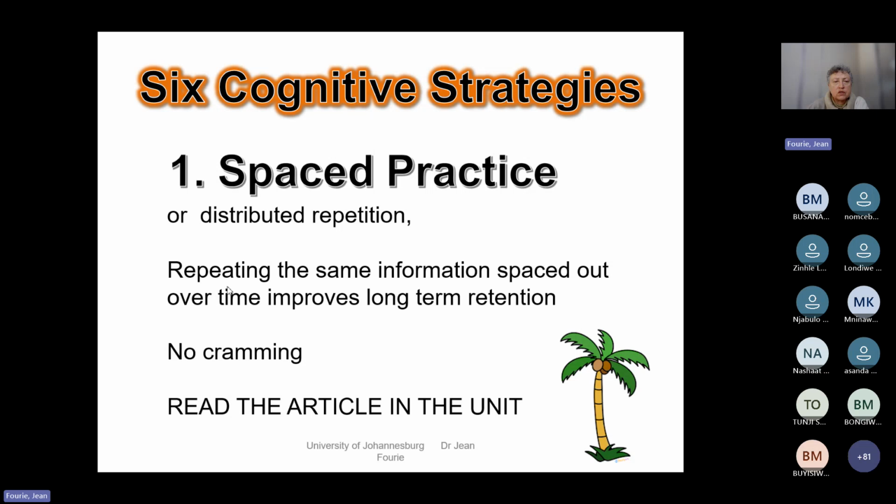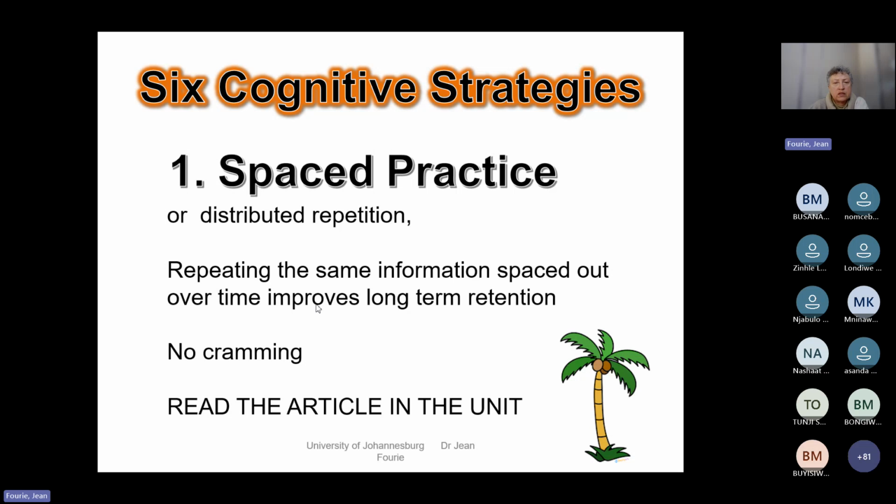Basically, you are repeating the same information, but you are spacing it out over time. If you have understood the principles of Ebbinghaus's forgetting and remembering curve, you can see exactly where these ideas of spaced practice and distributed repetition come from.